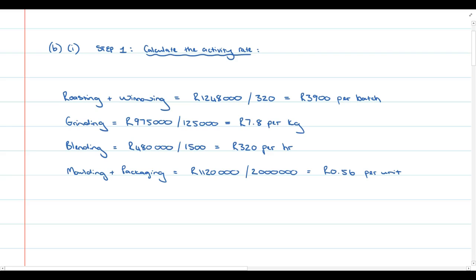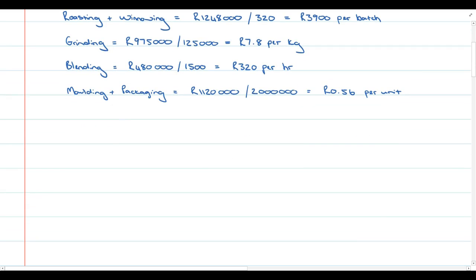We've calculated the activity rate. Now we need to move on to step 2. And in step 2, we allocate the cost to the different products.